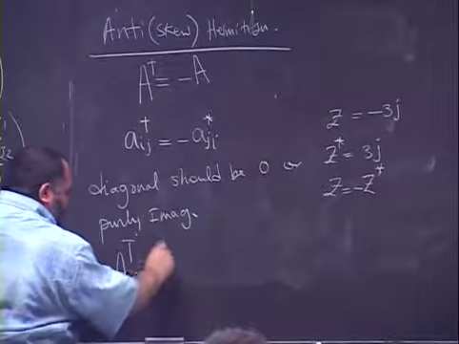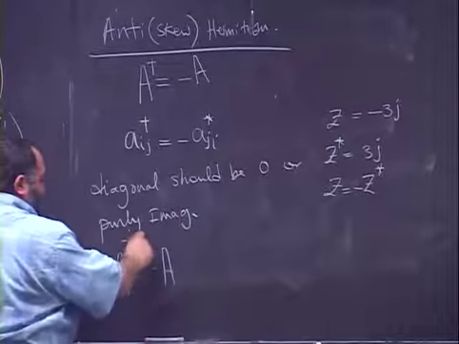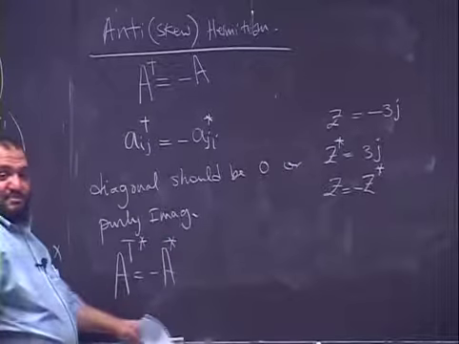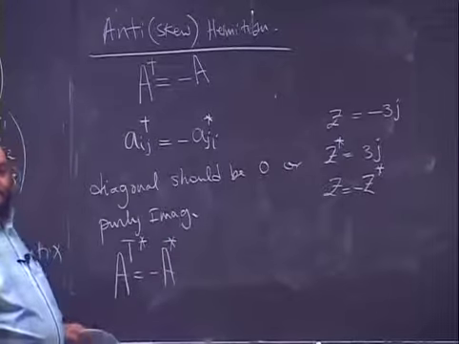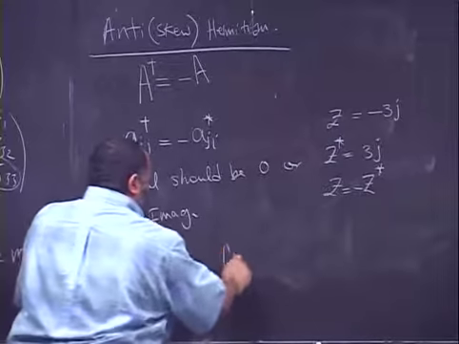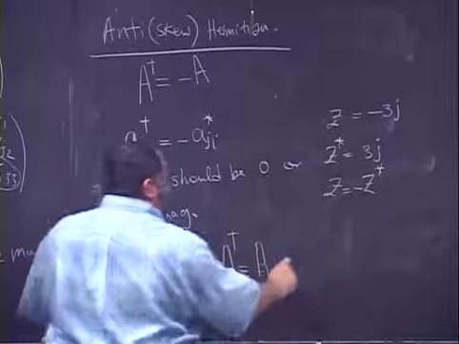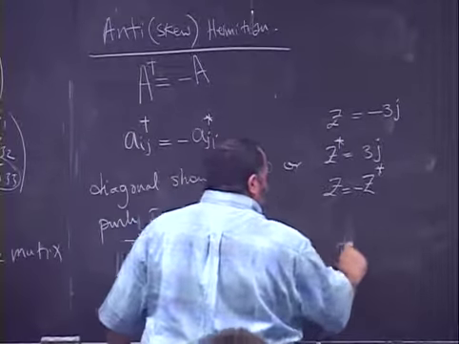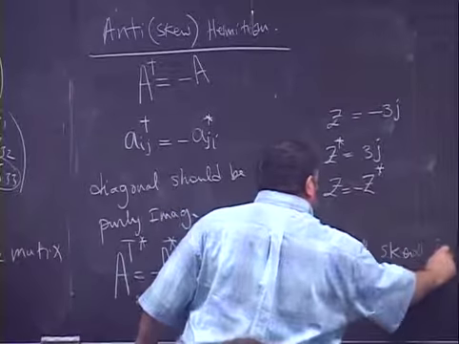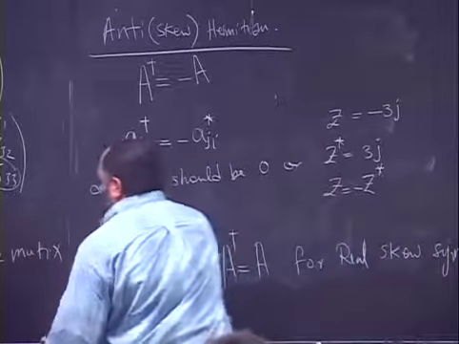A transpose equal to negative A. Again, if you take the complex conjugate for both, and if the matrix is real, this is for a real skew symmetric matrix.